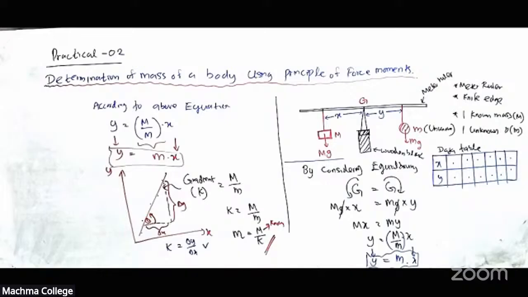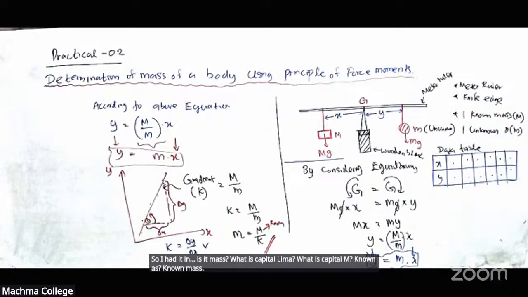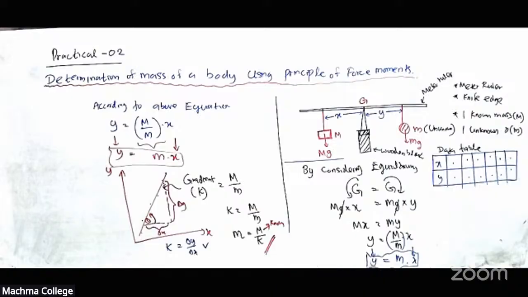So I had written in red, is it mass? What is capital M? Non-mass. Someone had answered, good, very good. No, it's known. Capital M is known mass, simple m is unknown mass.